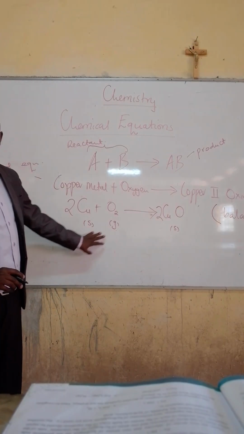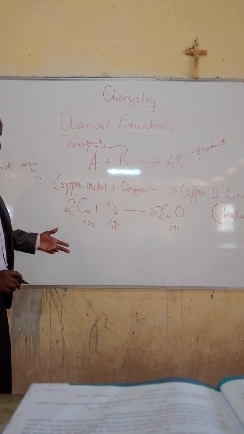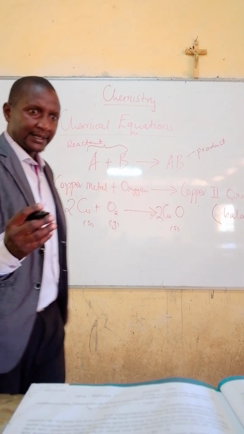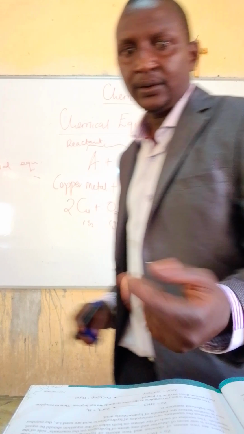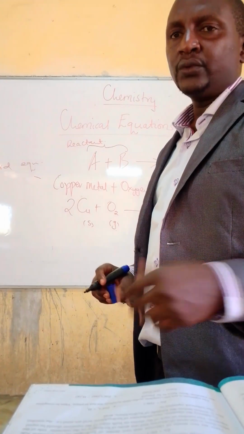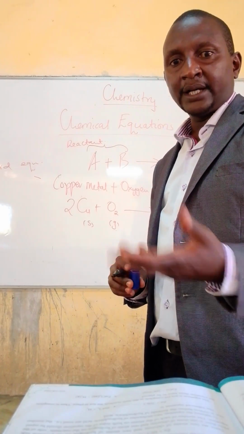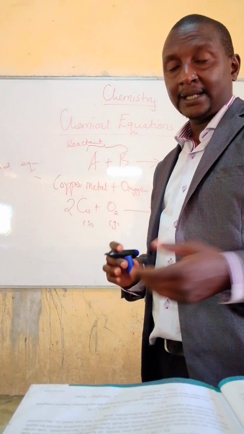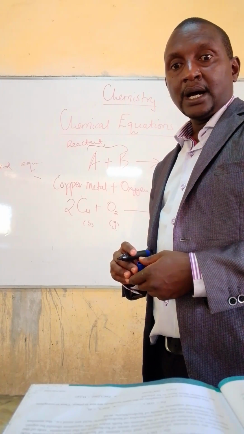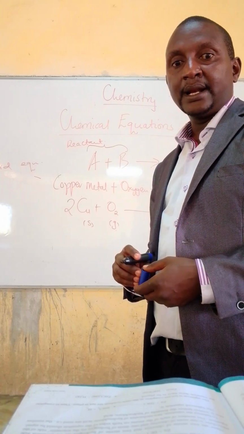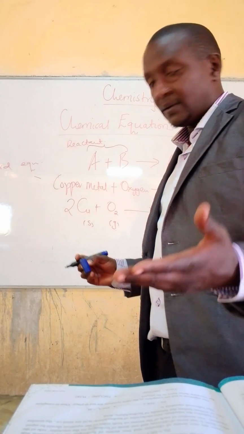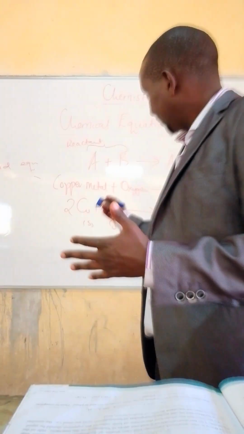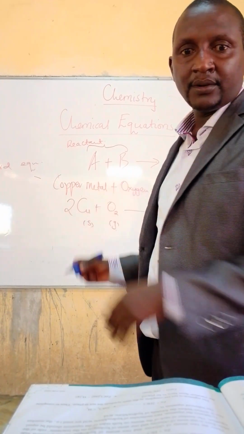If you look at this equation, we have followed some guidelines. First, we wrote the word equation. Number 2, we wrote the correct chemical formulas for both the reactants and the product. And then we counted the number of atoms of each element to check whether the reactant and product sides are equal.